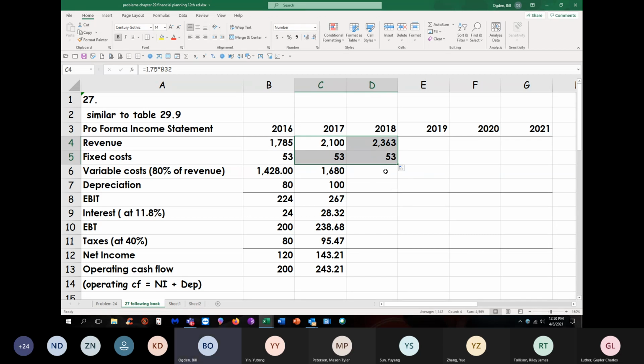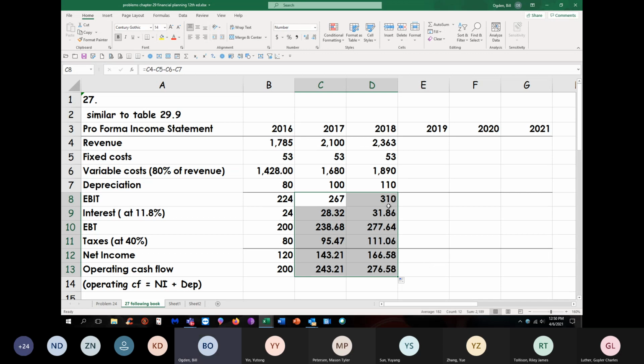Okay, and then our variable costs, that's easy to do. Okay, and then depreciation is very copyable at this point. Yep, and all these are copyable. We could do it for 1 year.